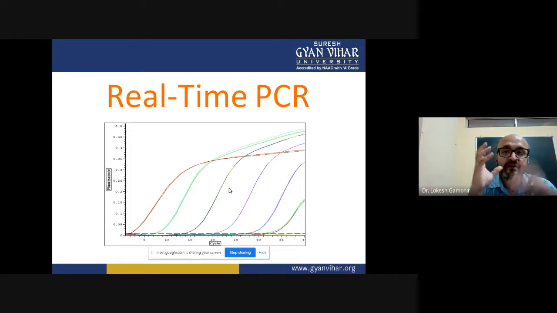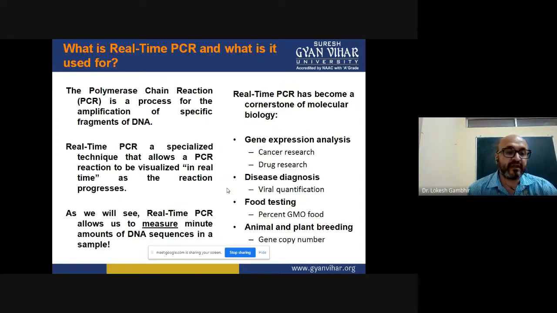Then the next part, that is real-time PCR, that one should always remember. What is real-time PCR? We have understood the normal polymerase chain reaction. What is real-time? If there is a setup in which you can see visually or under live settings how many copies of DNA are being made as time progresses, that particular setting is called real-time PCR.